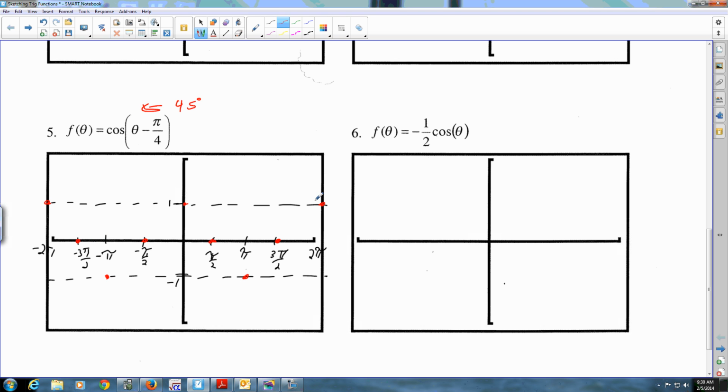That's where the parent graph is supposed to be. But this thing got shifted left 45 degrees. So I'm going to move all these points, oops, sorry, I read it wrong. You read it opposite. It got shifted right 45 degrees. Sorry for the mistake. So I'm going to shift all of these. Remember, if that's 90, that much is 45. So I'm going to shift all of them 45 degrees right.